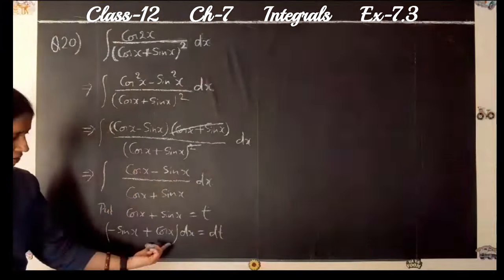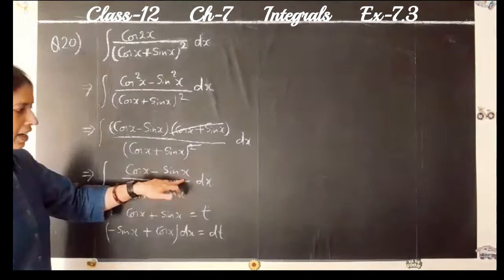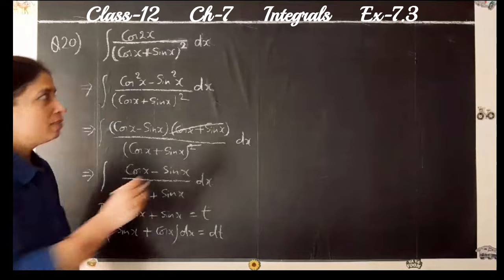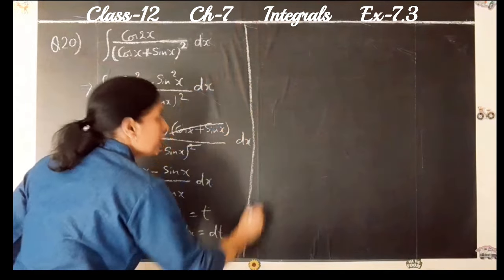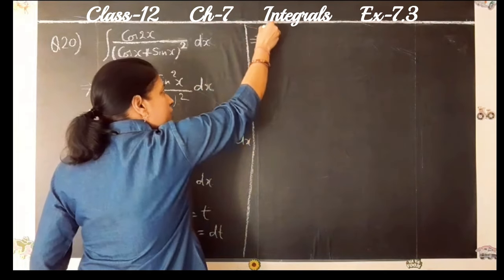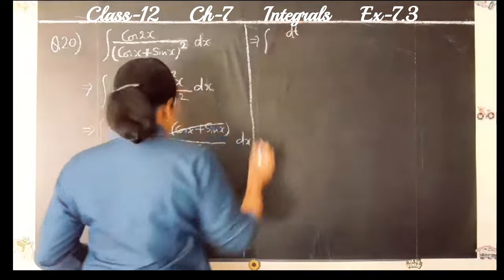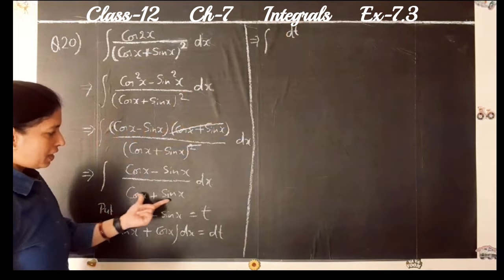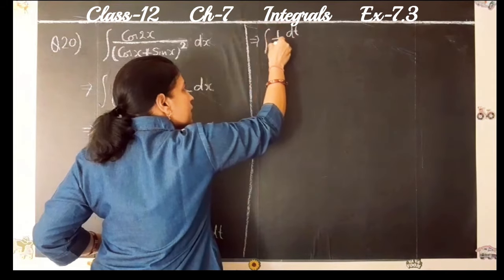So this one is cos x minus sin x. So in place of cos x minus sin x dx, we can write dt. So our integral becomes dt, and here 1 by cos x plus sin x, that is t. So write here 1 by t.